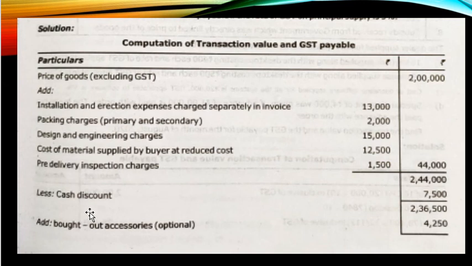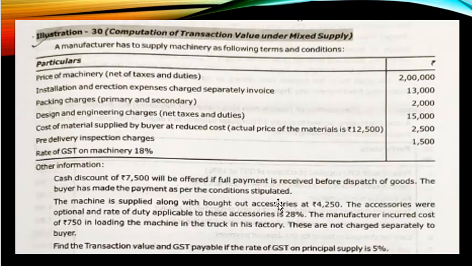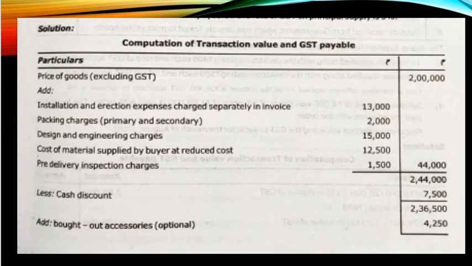Next, we will minus the cash discount. I have explained the discount value is directly given, which is 7,500. So we will minus it from the total: 2,44,000 minus 7,500 gives 2,36,500.